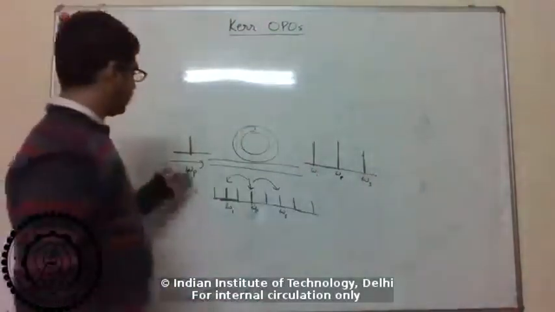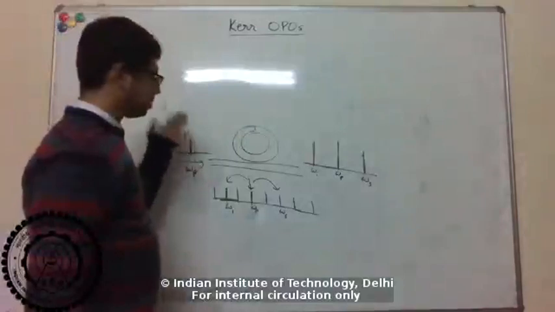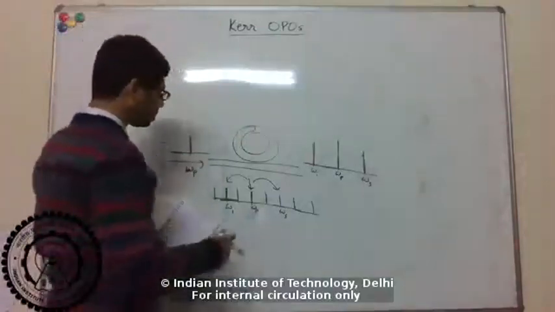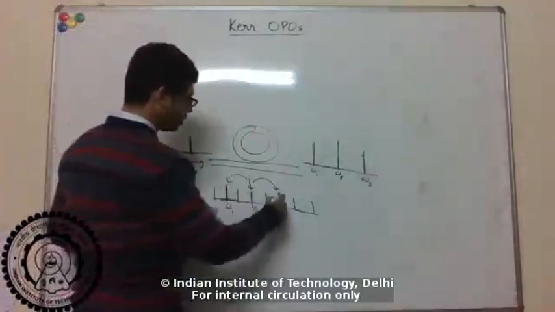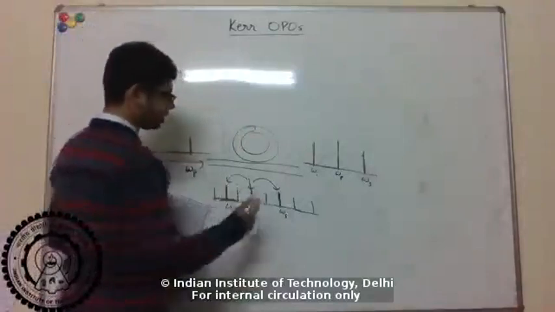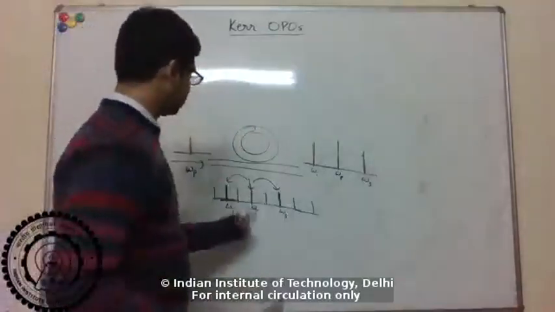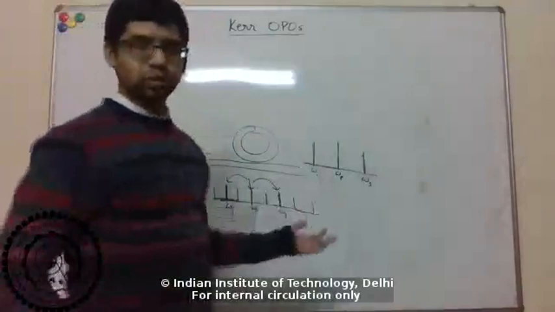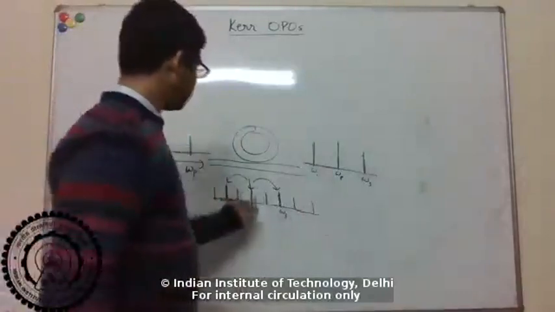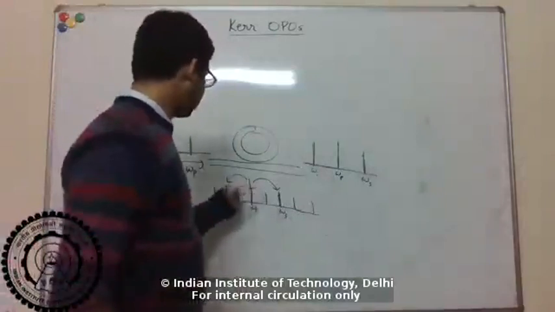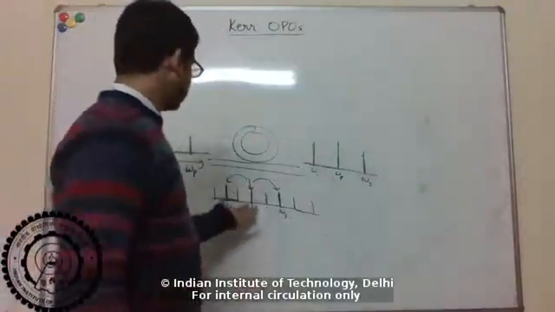But now you can imagine that if I really crank up the pump power further, the power in these newly generated modes will become sufficient to act as pumps on their own. Okay? So basically, initially we just started with one pump, but then we generated light at the signal and idler frequencies.